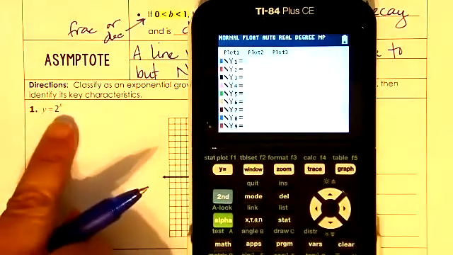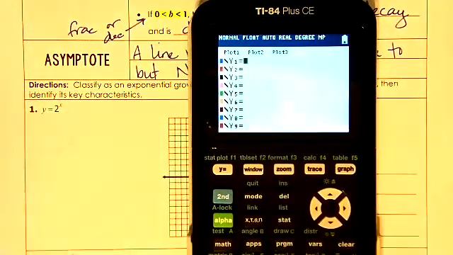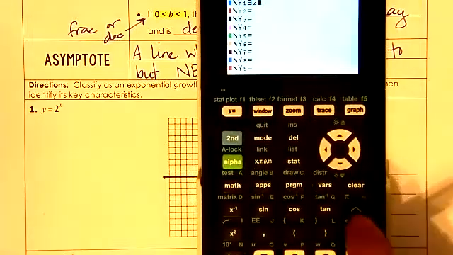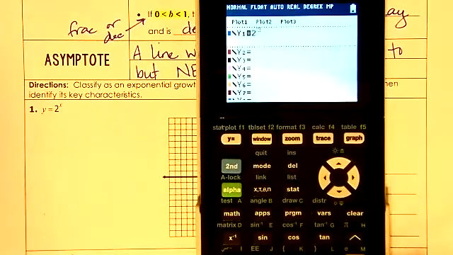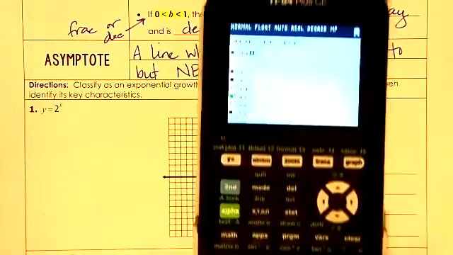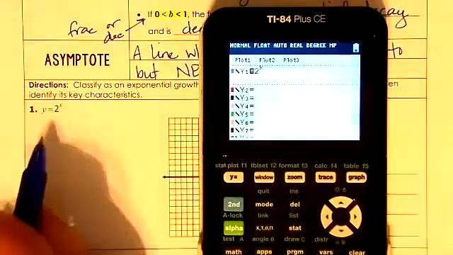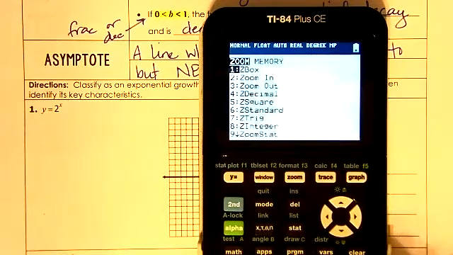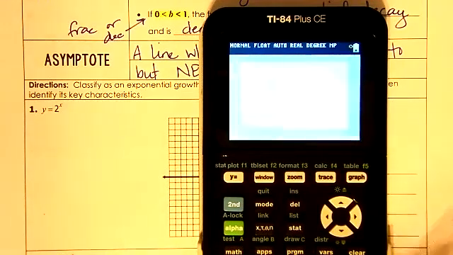And we're going to type in this exactly right here. 2, we're going to press the number 2, and then we're going to hit the rooftop button because I want to raise it up to the exponent spot. And then I'm going to hit the variable button x so that it looks just like our problem. And then I'm going to hit zoom 6 for standard.